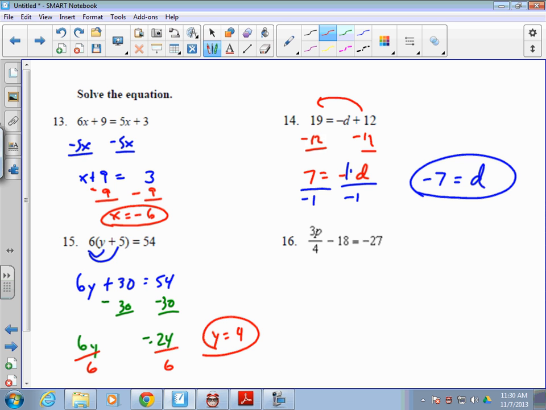Undo -18 here by adding 18. If you add 18 to that side, add it to this side, leaves you with -9 on that side. So you have 3 times p over 4 equals that. Undo divide by 4 by multiplying both sides by 4.